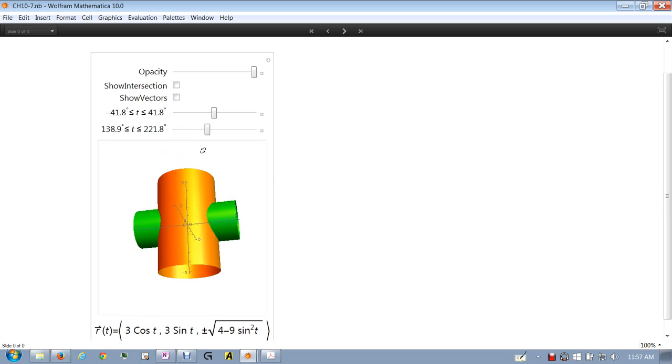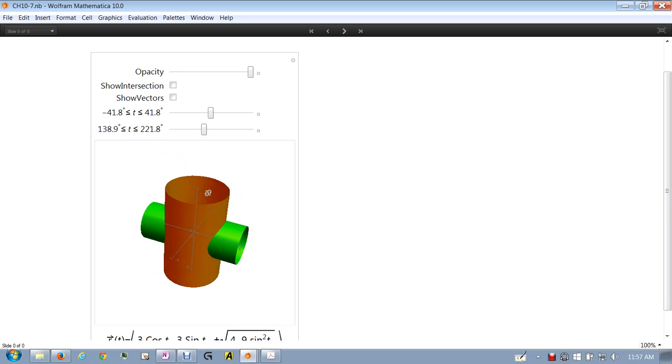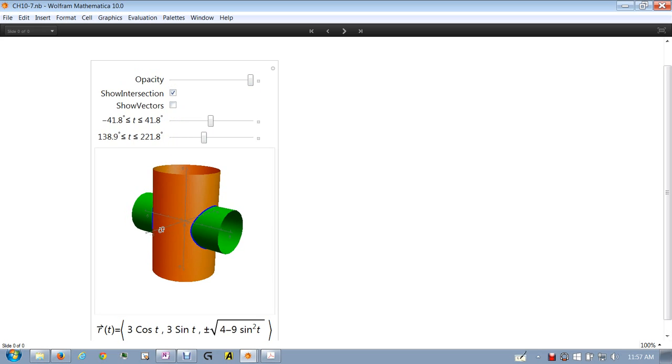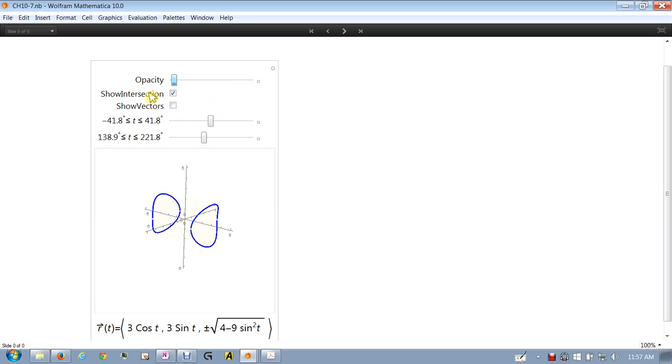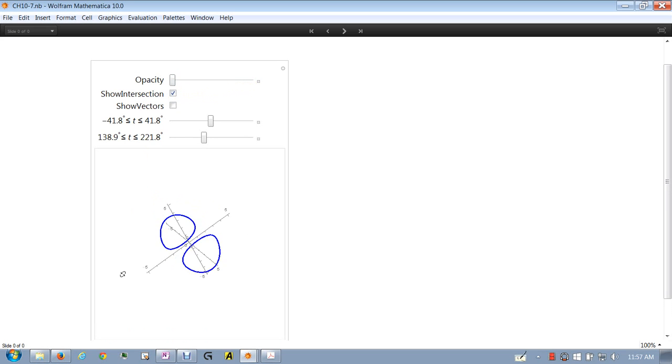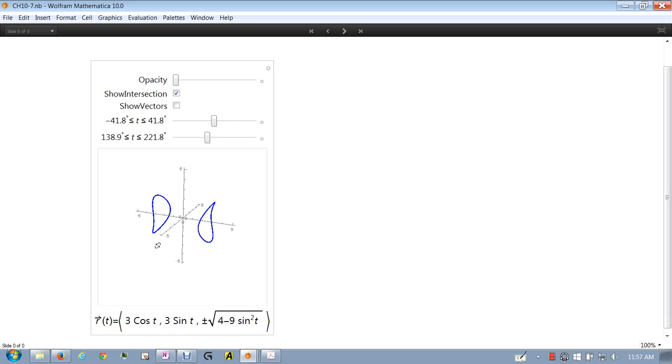You have two cylinders, right? They intersect each other. And what you'd like to figure out is, see the intersection? I just brought it in with blue. Do you see that? Take this out of here completely. These are two three-dimensional curves, aren't they? Can you come up with the equation for that curve?